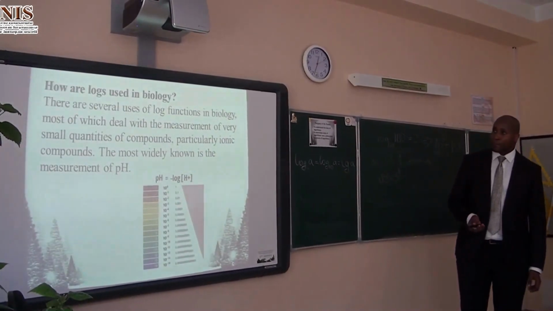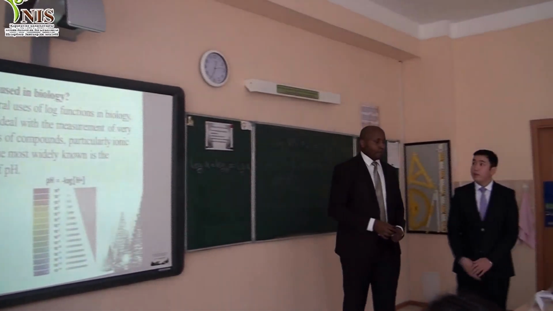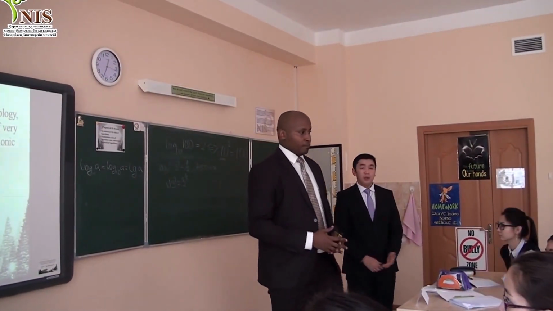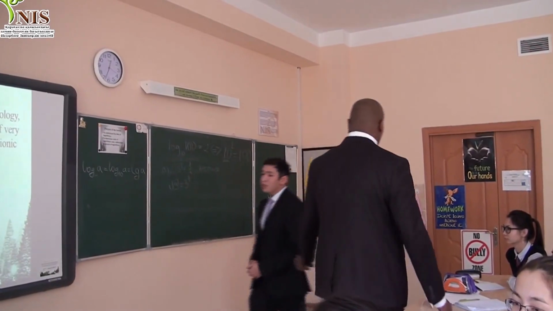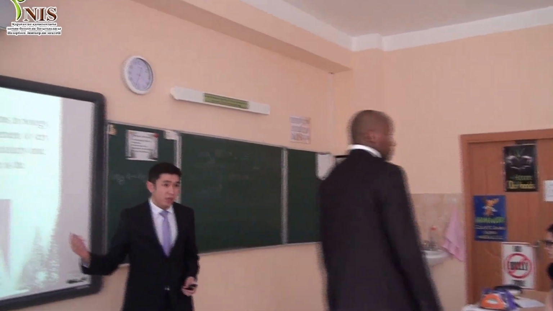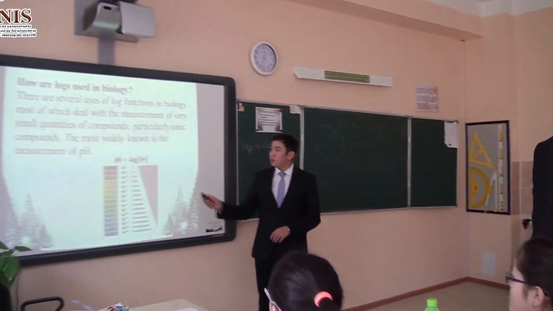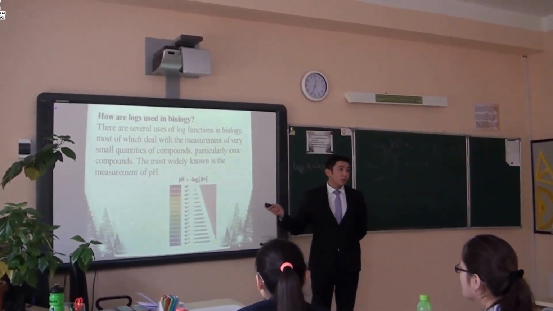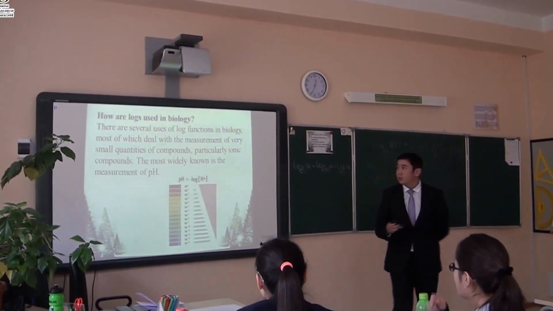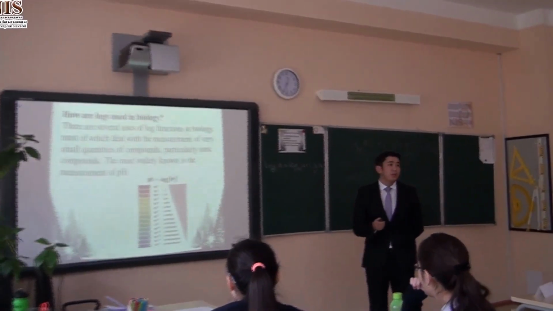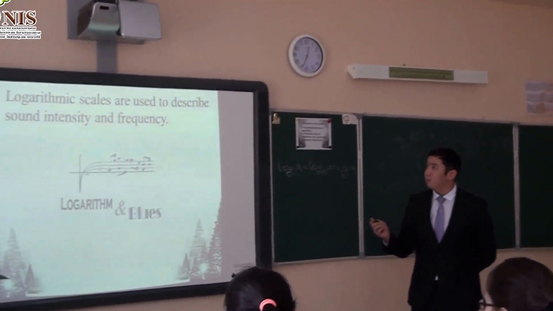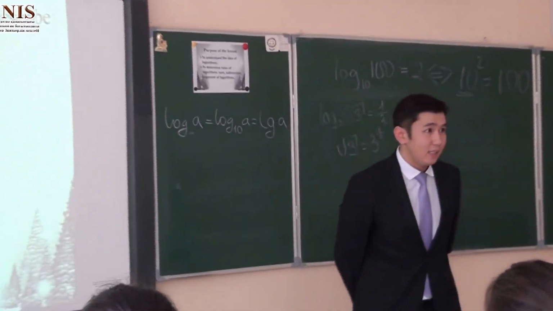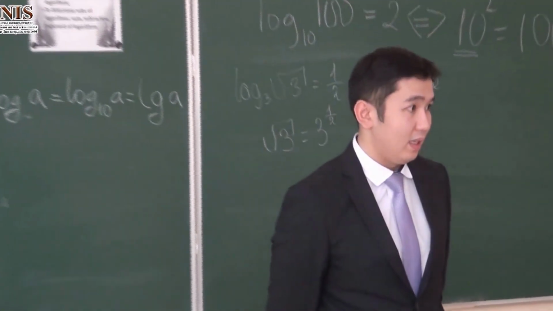So one of the best examples, if we can differentiate mathematics with biology, we can easily say that logs can be used in biology. For example, when we calculate the pH measurement of any compounds, or for example in music, logarithmic scales are used to describe sound intensity or frequency.